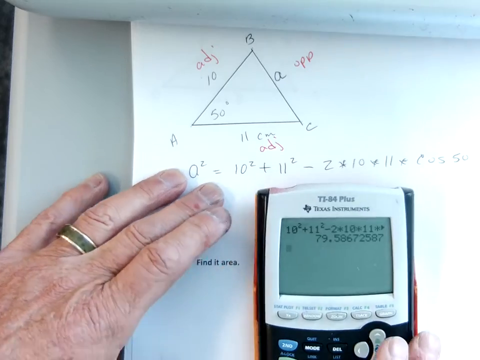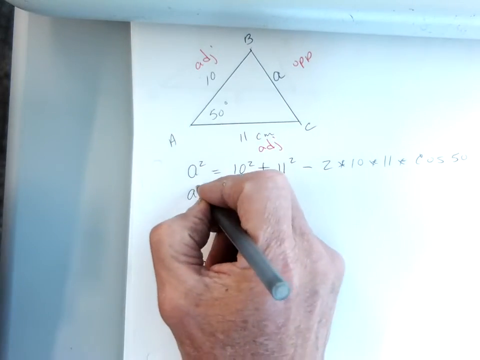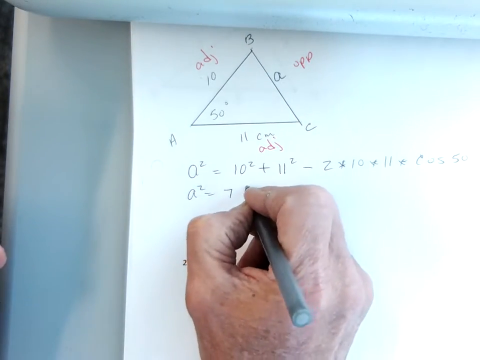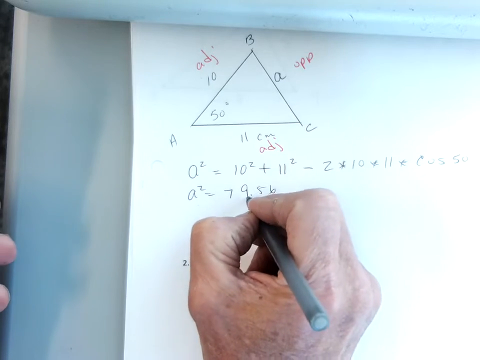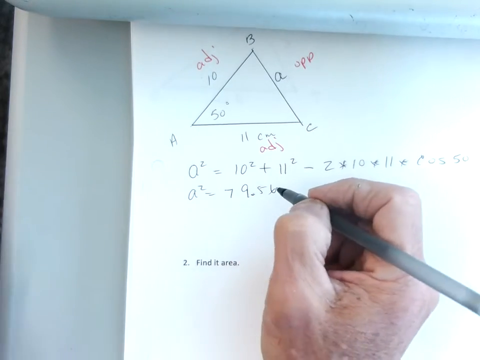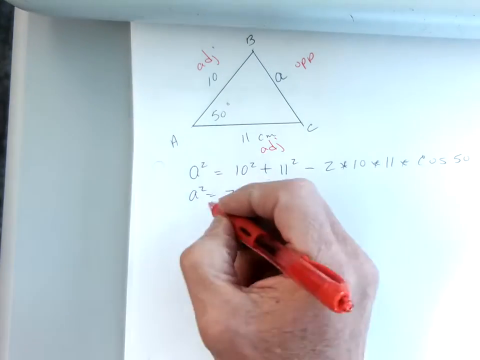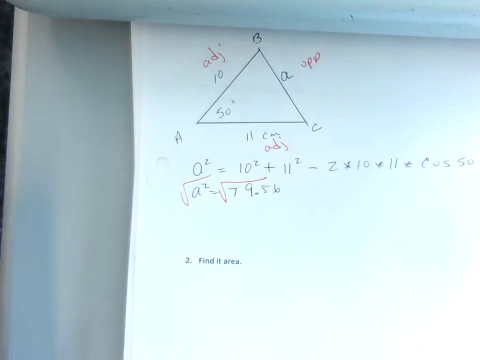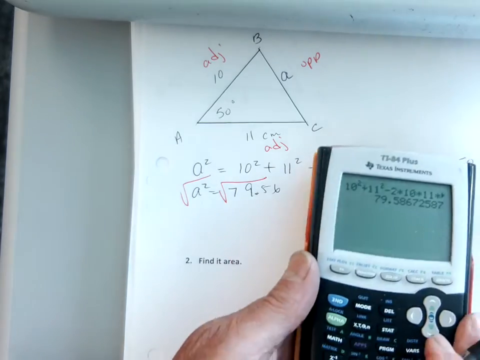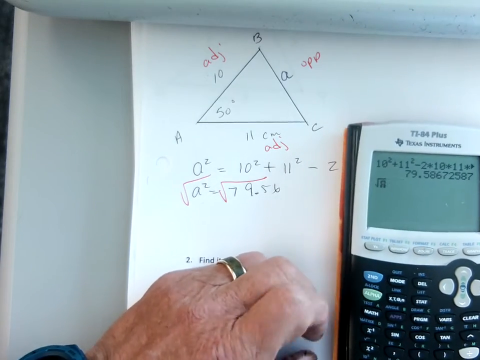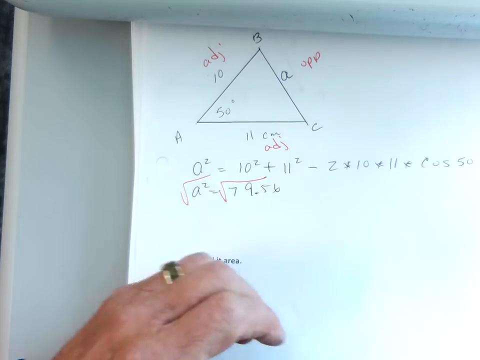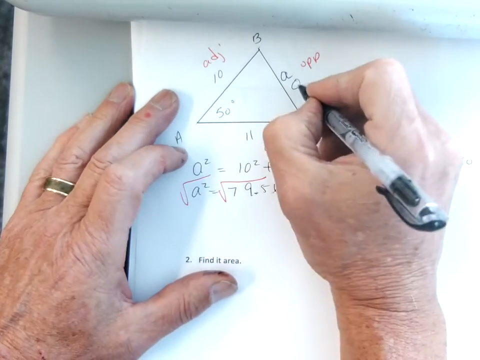Enter. And I get about 79. So I got a squared is equal to 79.56. But that's a squared, right? That's not a. I'm going to have to take the square root to get a. So square root of that answer, and I get about 8.9.